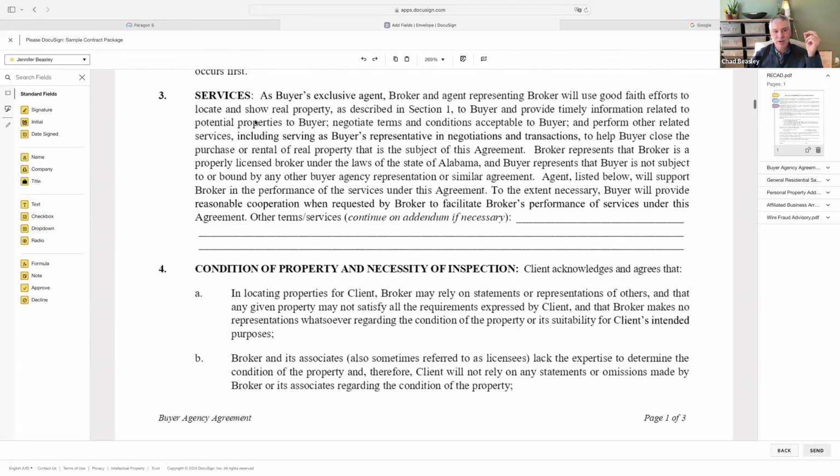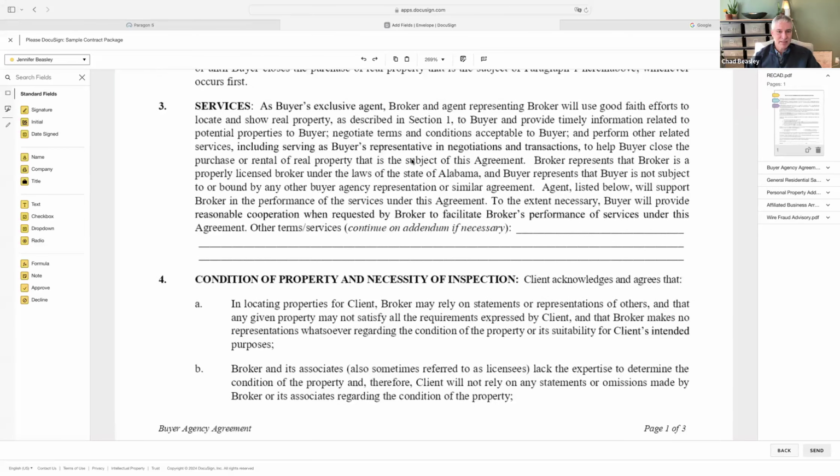Broker represents that the broker is a properly licensed broker under the laws of the state of Alabama, and the buyer represents that the buyer is not subject to or bound by any other buyer agency representation or similar agreement. Agent listed below will support broker in performance of services under this agreement. To the extent necessary, the buyer will provide reasonable cooperation when requested by the broker to facilitate broker's performance of services under this agreement.